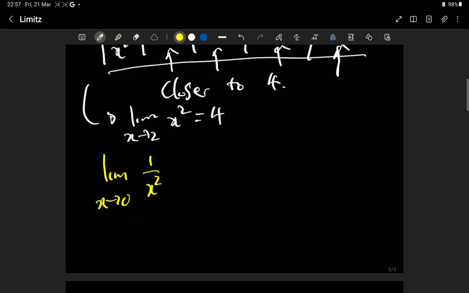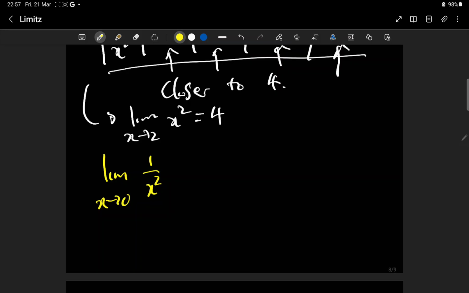So if we do that here, I'm not going to make a table, but let's analyze this together. If x becomes a number that is closer to 0 but not 0, let's say x is 0.1 or 0.001, basically x is becoming smaller and smaller. What happens to the fraction 1 over x squared is that it gets bigger and bigger.